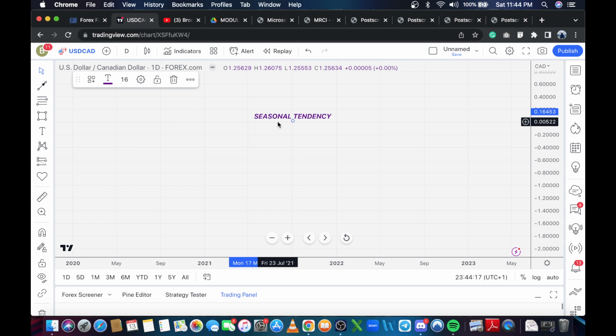Now, that does not mean every quarter or every 3 or 4 months there's a very clear distinctive order flow on every asset.